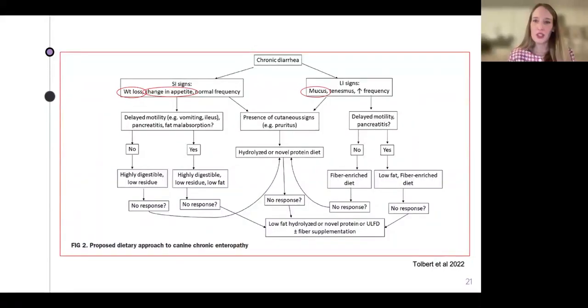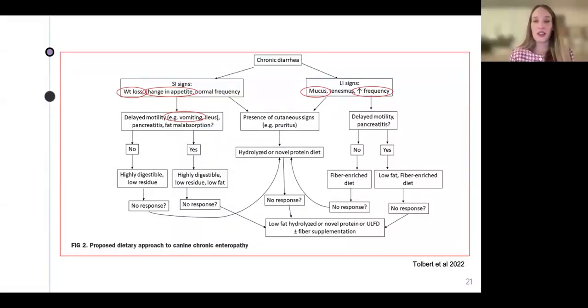Then we have mucus in stools, we have higher frequency. So you see a mix of small intestine signs and large intestine signs in this patient. We also see a bit of delayed motility because the patient is vomiting. Not super frequent, but it is also not a small amount, 2 to 3 times per week.